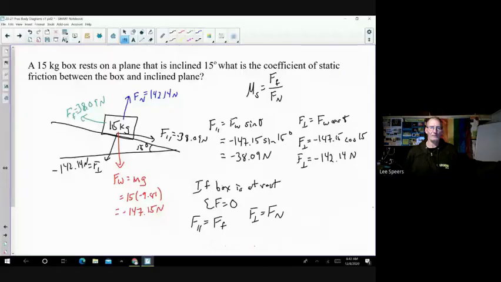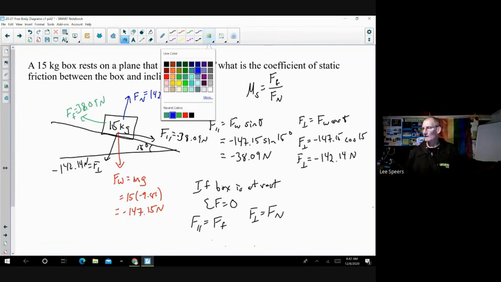Normal force equal in magnitude, opposite in direction of the perpendicular force, and the parallel component equal in magnitude, opposite in direction of the friction force. So now that we have the friction force and the normal force, we can find the coefficient of friction.